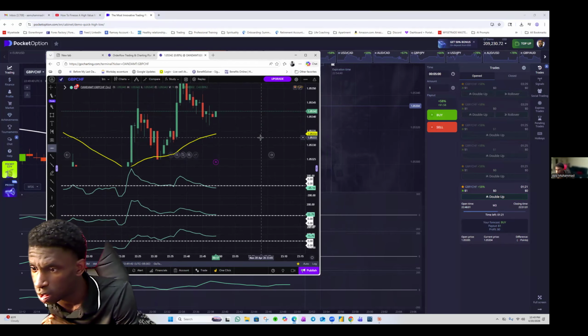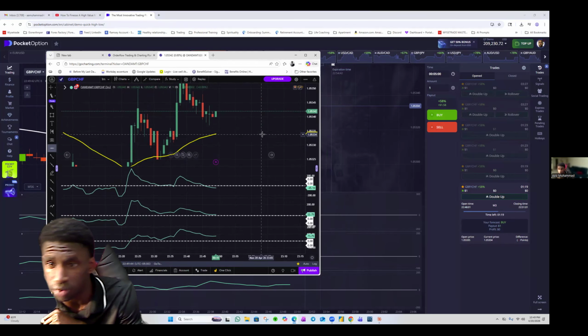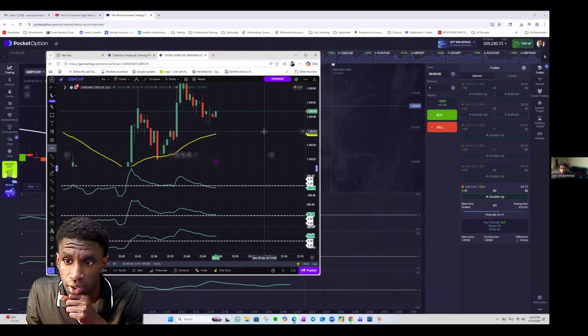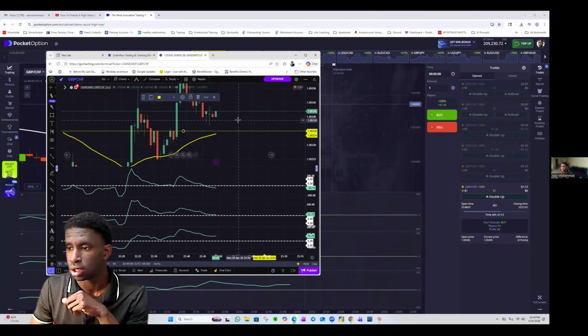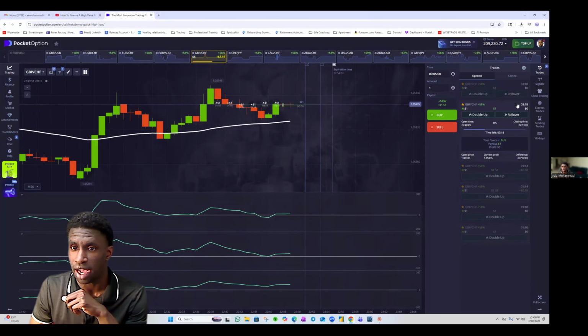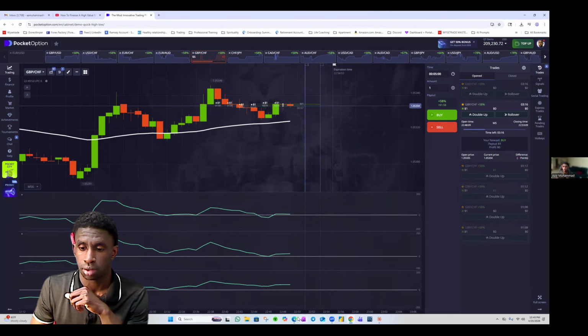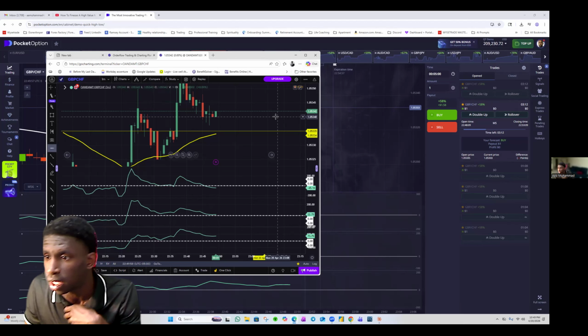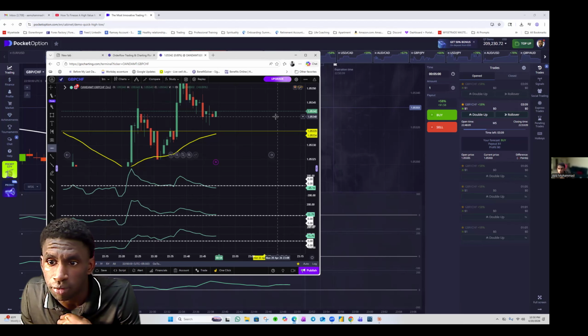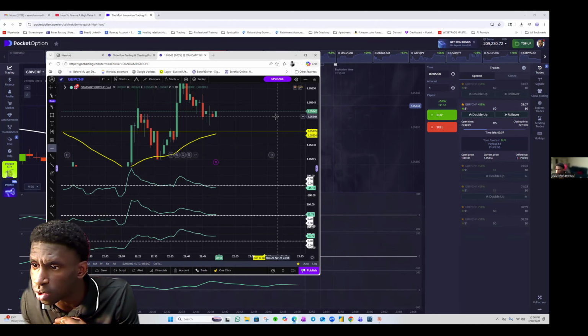Open price 05335, 05 right here. Look at the difference, bro. Look at the difference. Now let's look at the 5 minute one. Strike price is at 05 10533.